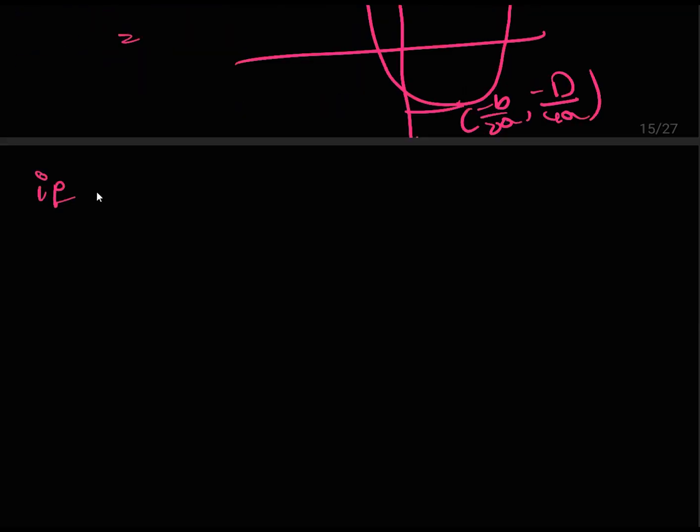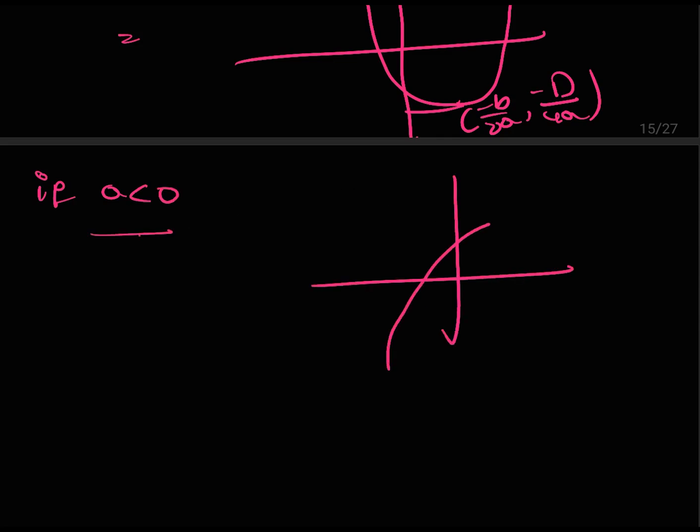Now, if a is less than 0, then the graph will be reversed. Minus b by 2a comma minus D by 4a.